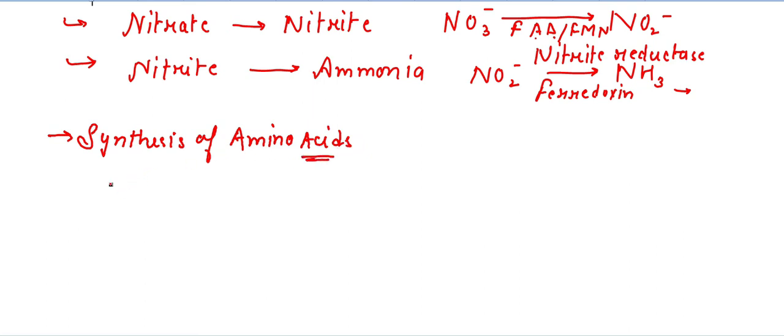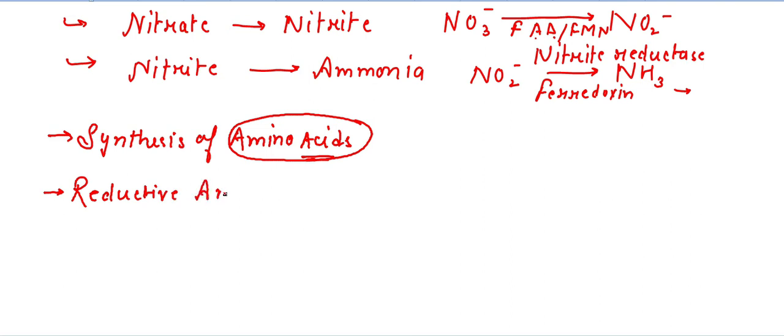First ammonia at the physiological pH gets protonated, and after that the amino acids are formed, and you can write two processes here: reductive amination and transamination.